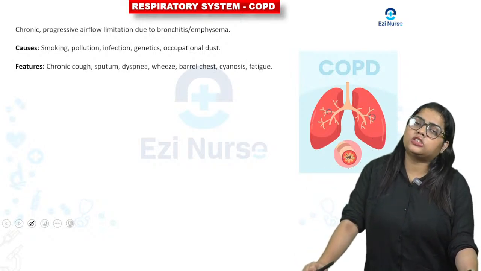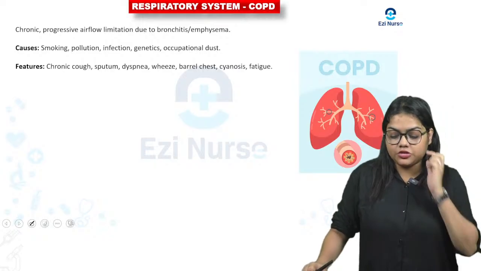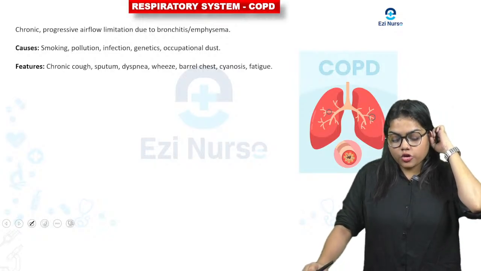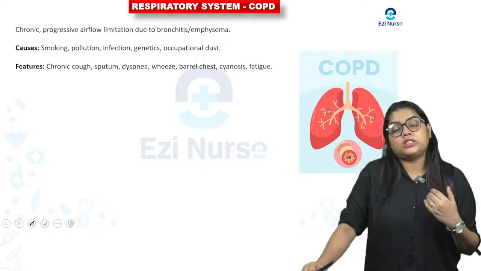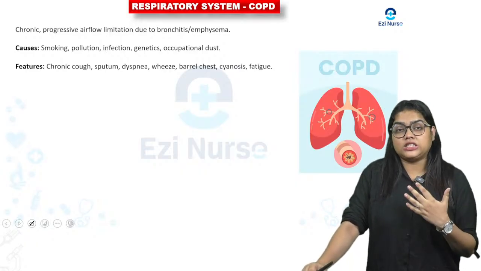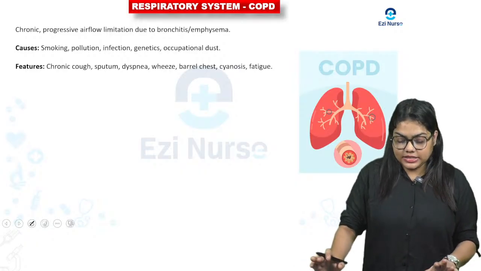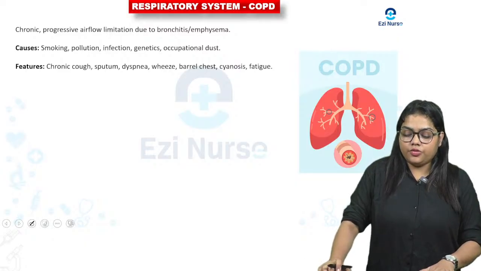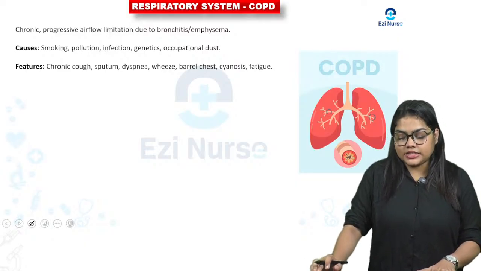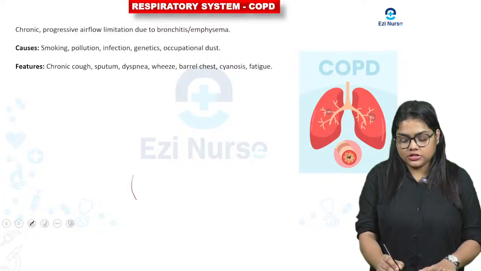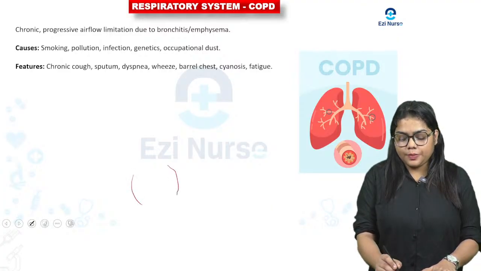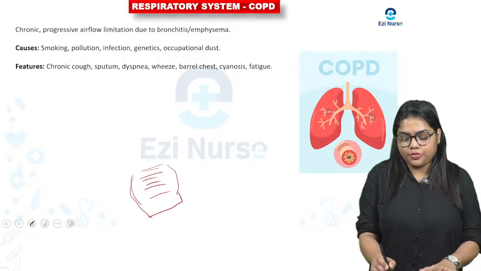What are the features or signs and symptoms we can see for the patient with COPD? We can see chronic cough with sputum, sometimes with blood as well if the case is very severe. Then dyspnea and wheezes, and barrel chest. Barrel chest, in this sense, you can say is kind of like a pigeon chest. The chest will be kind of barrel shaped.